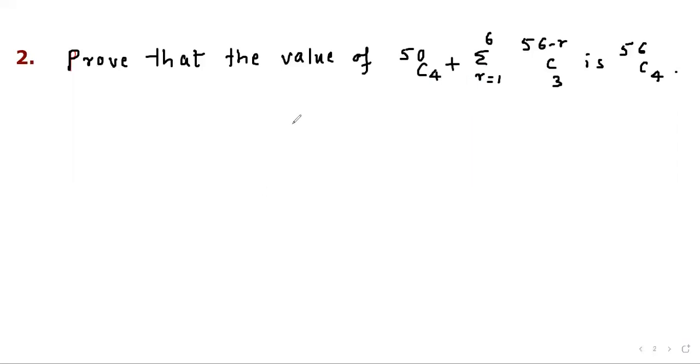Question number 2 says, prove that the value of 50C4 plus sigma r equal to 1 up to 6, 56 minus r C3 is equal to 56C4. So let's see the solution. 50C4 plus, here we can put the value of r.